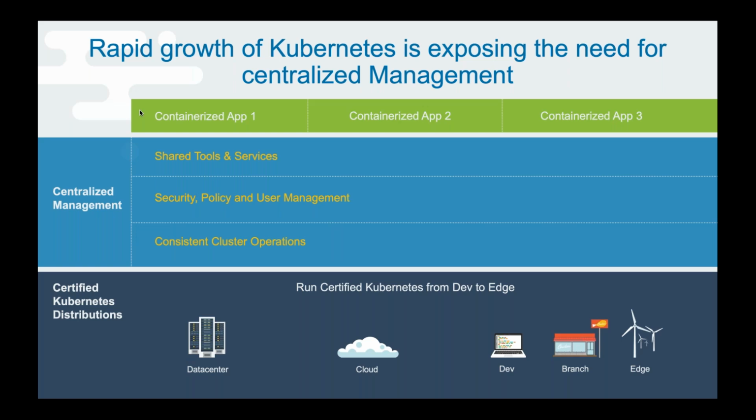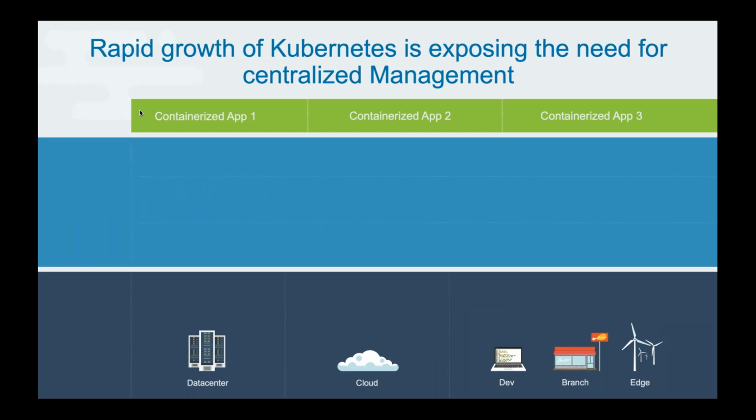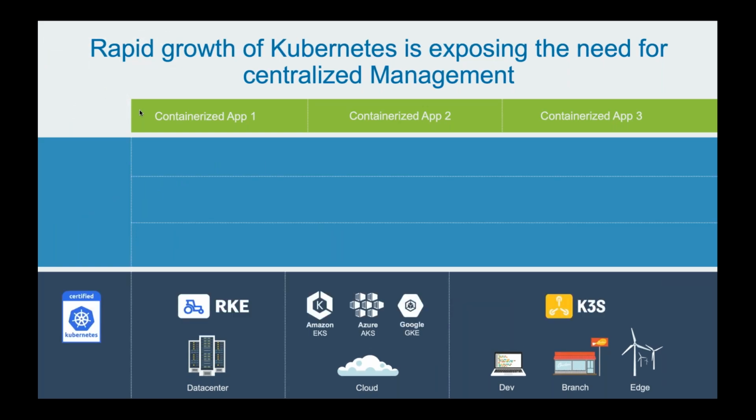Once you have a certified Kubernetes distribution that you're running, then you need resources for consistent cluster operations, for security policy and user management, and for shared tools and services. And these are places where you want reliable solutions, but you don't necessarily want to get bogged down in the deployment of stuff. So we'll start with certified Kubernetes distribution, and it's important that you're running something certified by the Cloud Native Computing Foundation, because you know then that it's upstream Kubernetes, it's approved, and it's going to run reliably.